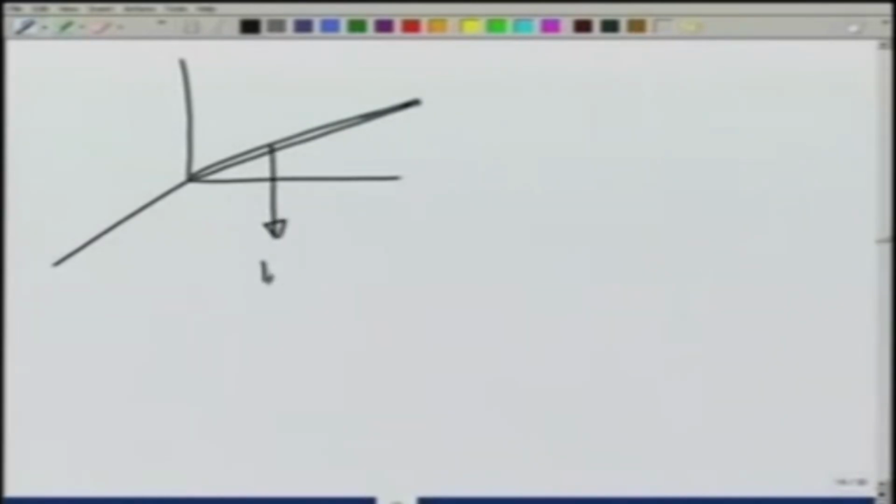So, let me make the picture again. X, Y, Z. This is how the pole looks. I am making it slightly tilted. There is a weight W acting downwards. This length is L1. This entire length is L2.